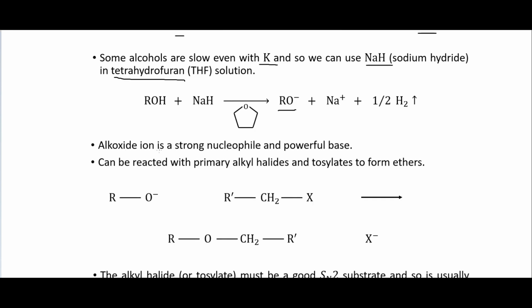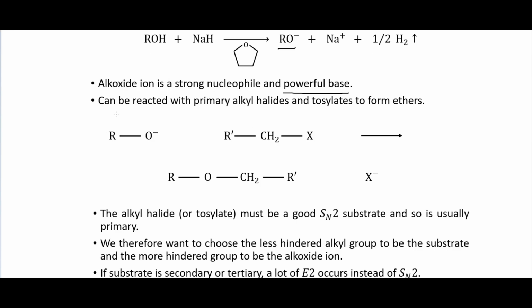So the alkoxide ion is a strong nucleophile and powerful base, and this can be reacted with primary alkyl halides and tosylates to form ethers. So we have our alkoxide here. This will come and attack that carbon there. This halogen will leave, and so we end up forming this ether right here with the halide as the leaving group.